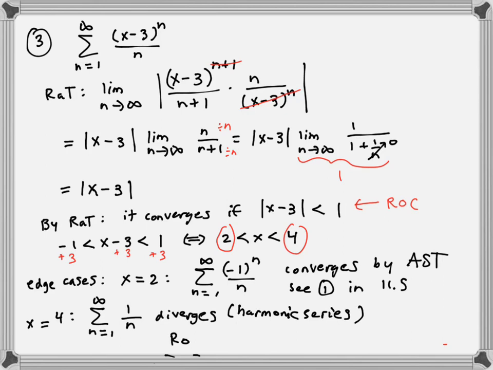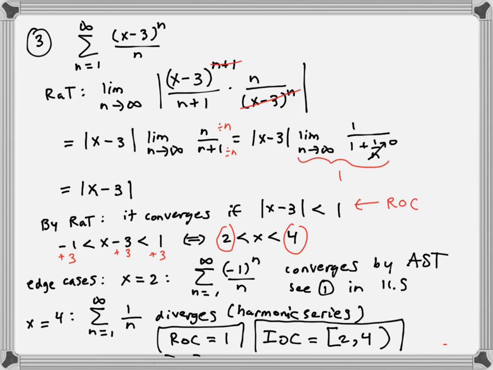Let's first write down the ROC. The ROC is 1. And what's the IOC? Well, we're going from 2 to 4, but we converged at 2, and we diverged at 4. So there we go. That would be the interval of convergence.